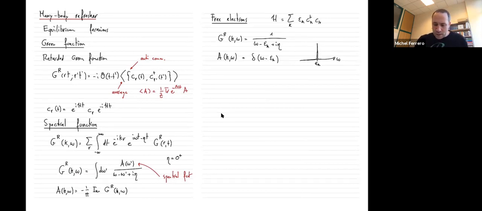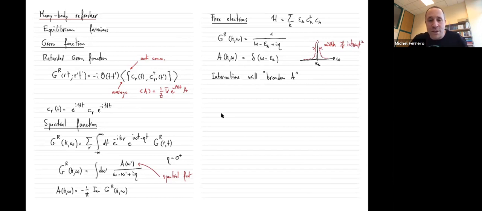Right? But we're looking at interacting systems. So for interacting systems, this A of k will be something slightly different. What you see is that interactions will broaden A. So with interactions, instead of having this delta peak, you will start seeing something which has some width here, if interacting.